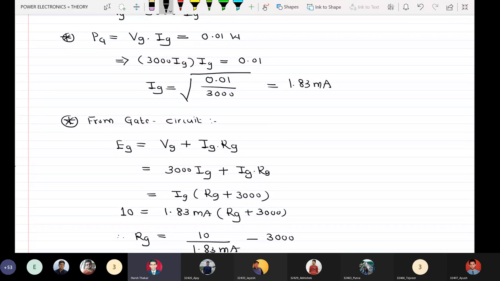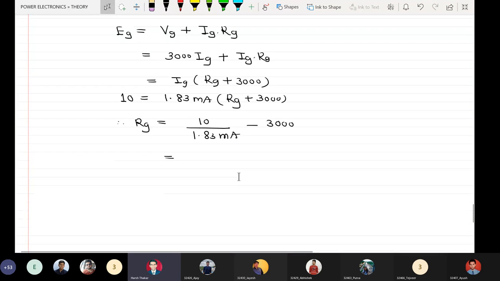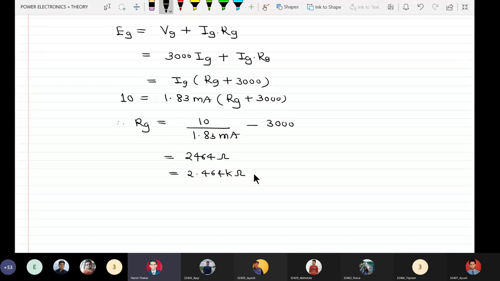This comes out to be 2.464 kilo-ohms, equal to 2464 ohms.